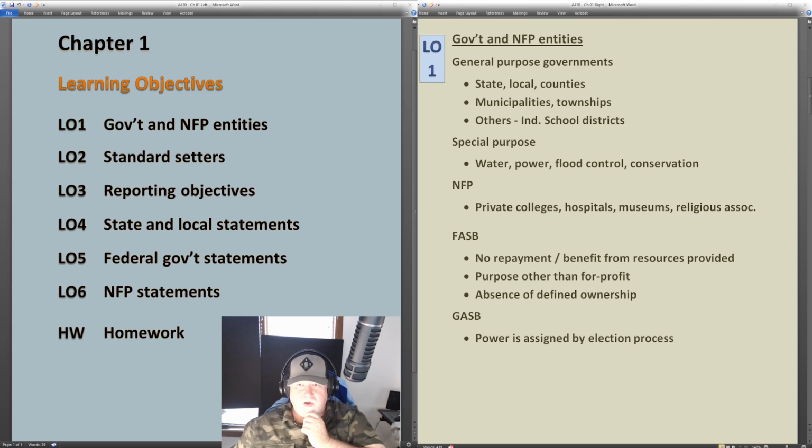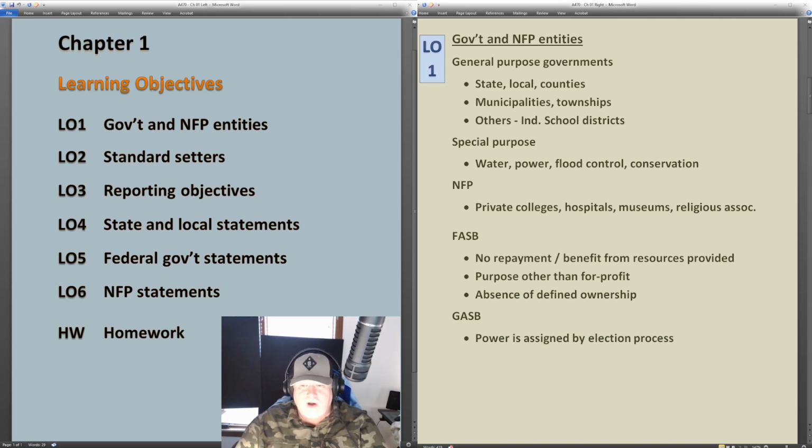So between government and not-for-profit, even though it's a very small part of what we study in the accounting curriculum, there are a lot of jobs and a lot of economic activity going on in these types of entities. We shouldn't just dismiss it out of hand, even though it's probably not the accounting most of us are going to be doing. There is a lot of this type of accounting happening.